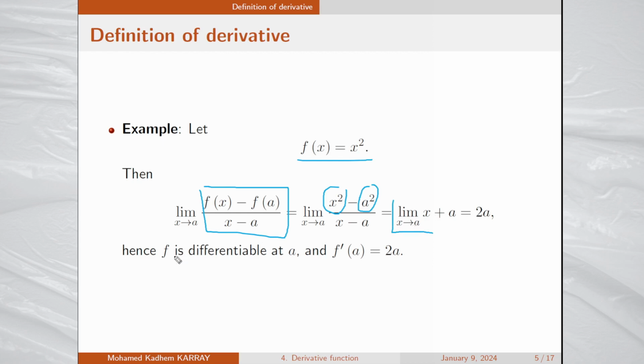So f is differentiable at this point a, and the derivative equals 2 multiplied by a. So you see that applying the definition, we can get explicitly the derivative and prove that the function is differentiable by checking whether this limit exists.